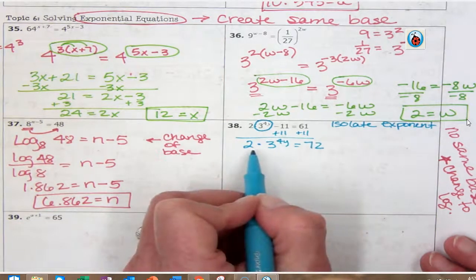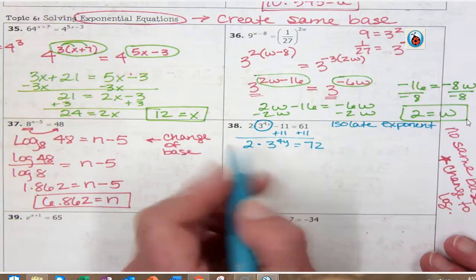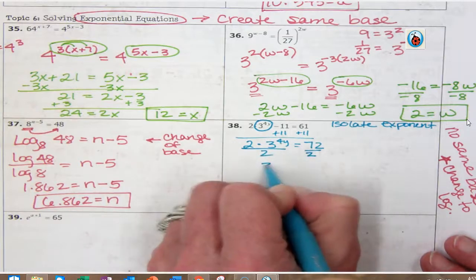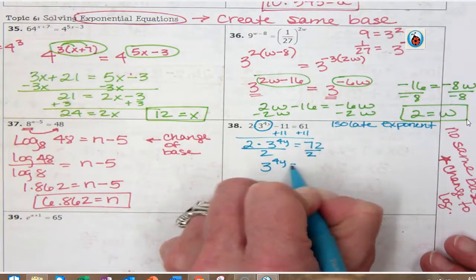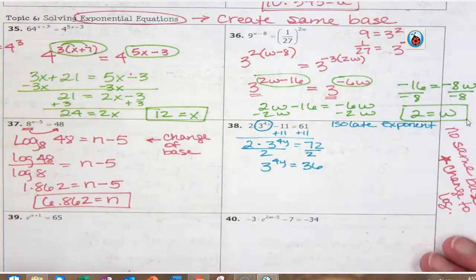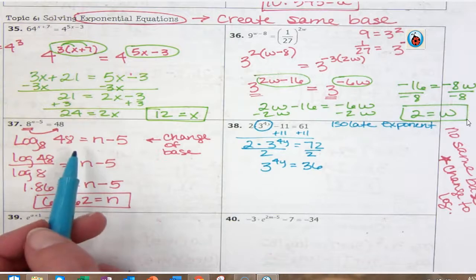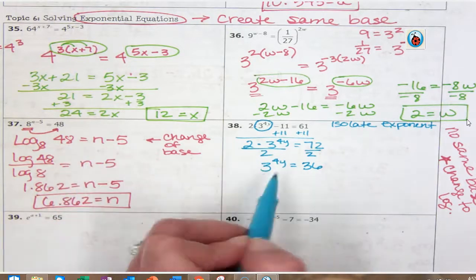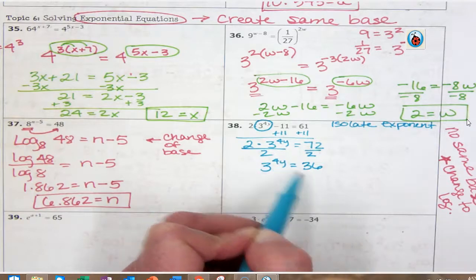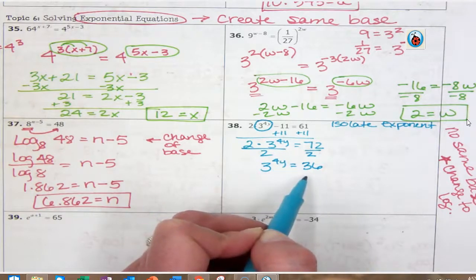Now to get rid of this 2, I'm multiplying here. So I need to divide by 2. And I get 3 to the 4y equals 72 divided by 2 is 36. And now I've got a problem very similar to this one here. I've got a base, I've got a variable in my exponent, and an answer.